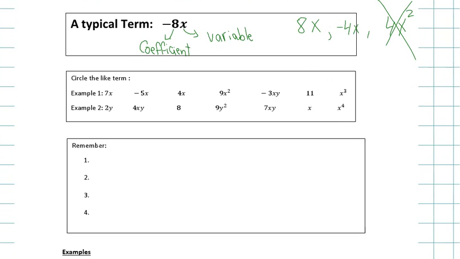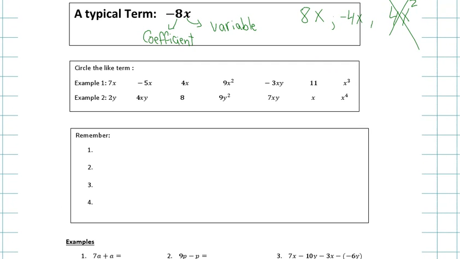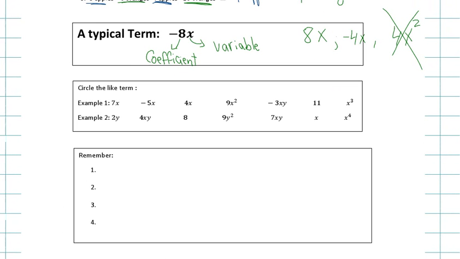So, I want you to look in example 1, and I want you to find 2 like terms, or more than 2. Find like terms. What would be my like terms in example 1? Just find any 3 like terms, or any 2 like terms, or any like terms. 7x, 4x, negative 5x.